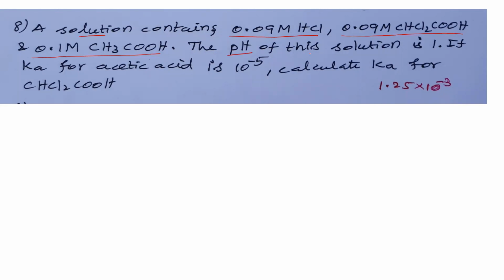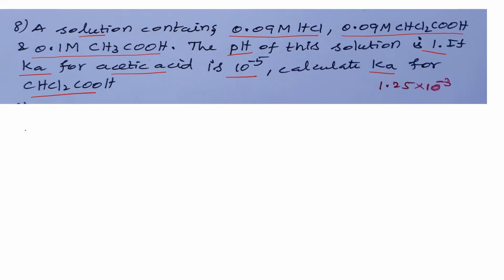The pH of this solution is given, that is 1. If Ka for acetic acid is 10 power minus 5, calculate Ka for dichloroacetic acid. They are asking us to find the Ka value for dichloroacetic acid.